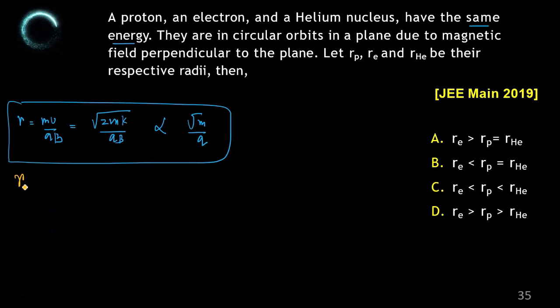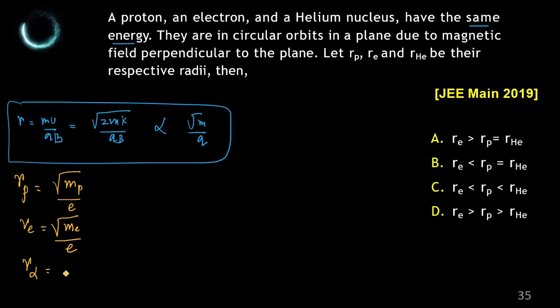R for deuteron, root of m by q. R for electron, root of me by e. R for helium alpha particle is root of 4mp by 2e, that means root of mp by e.